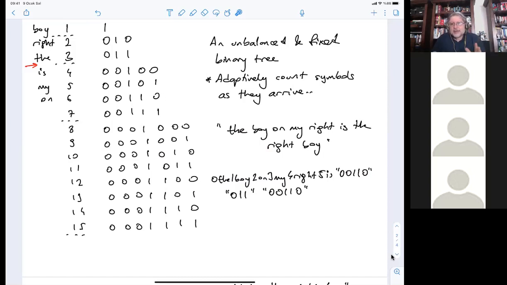We do the update after first using the dictionary, because if we first update and then use, the decoder will not know that. The decoder is using only the available. So using the available, we first use it for encoding so that the decoder will decode. And then both the encoder and decoder simultaneously update the dictionary. And that's how it works.